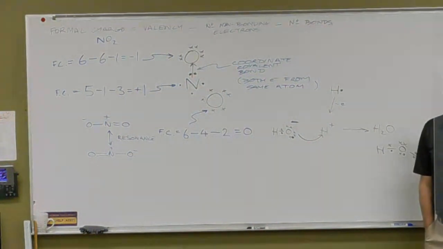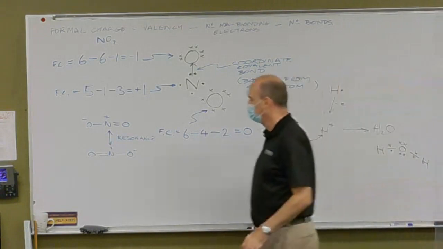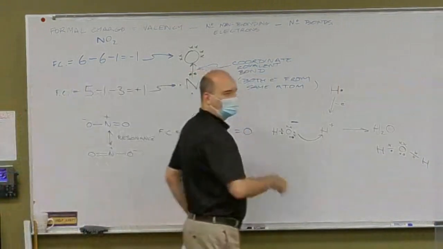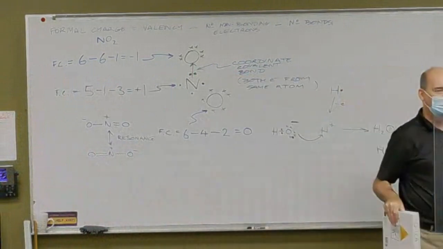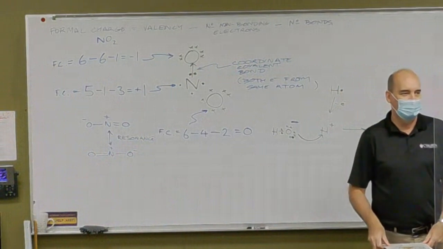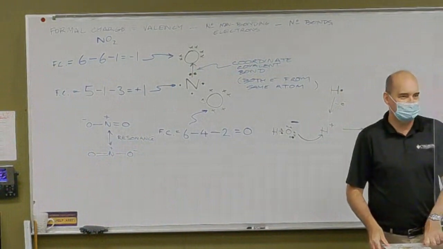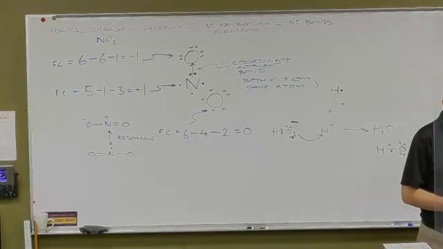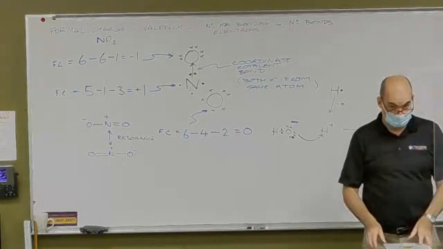All right. So formal charge is a thing. You will be asked a little bit about it. This was kind of the most difficult one that you can possibly find. So if you can do this one, seriously, you can do them all. Questions on that?